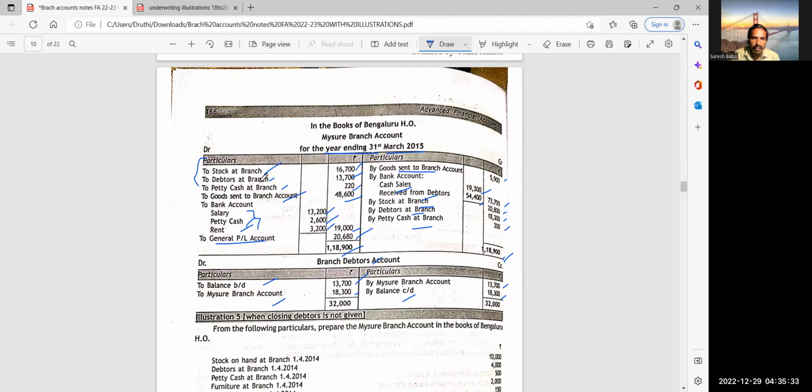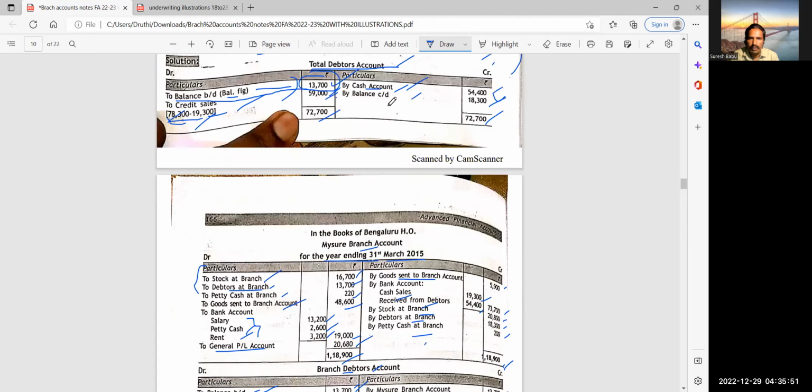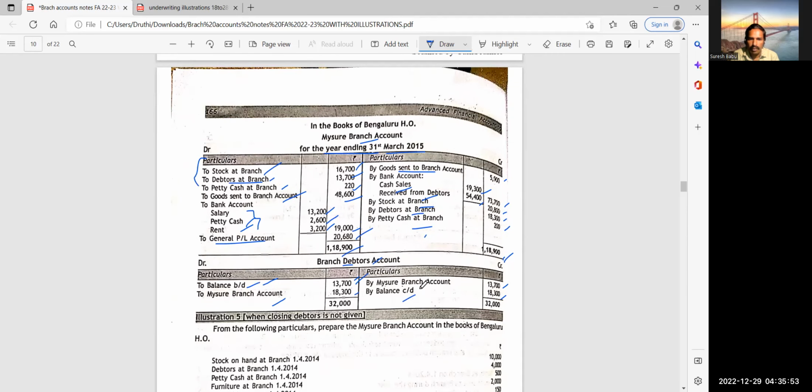In the branch account, debtors to branch debtors, 13,700. In the branch debtors account, to balance brought down 13,700. Closing balance is how much? 18,300, by balance carried down 18,300. This you write first, and this is to be written second.